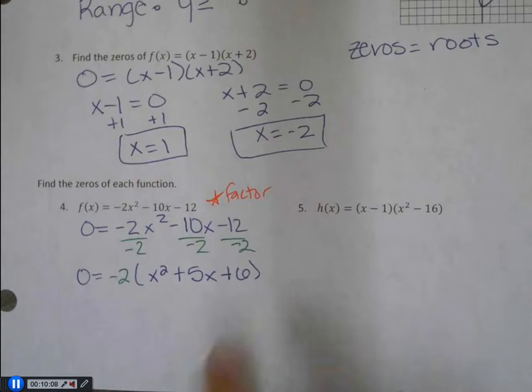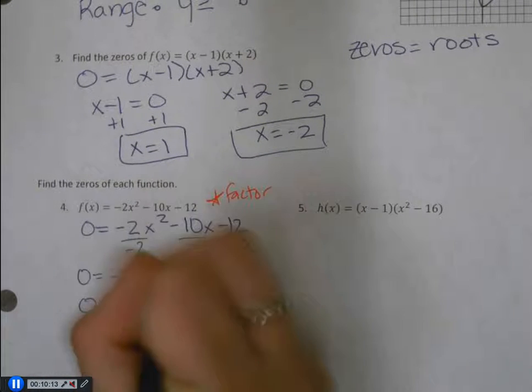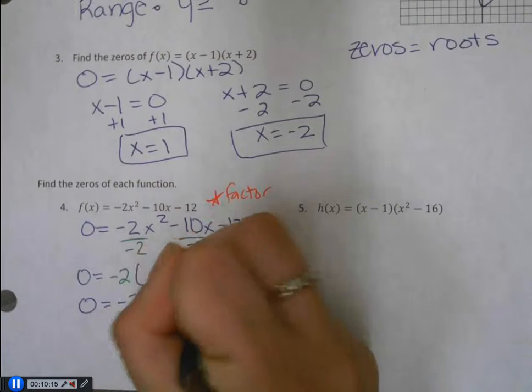I'm looking for what multiplies to 6 and adds to 5. So what numbers multiply to 6 and add to 5? 3 and 2.